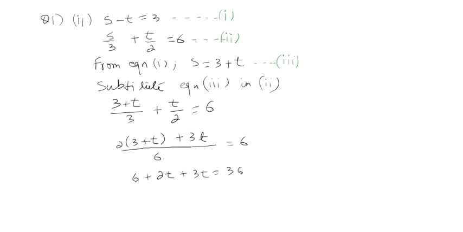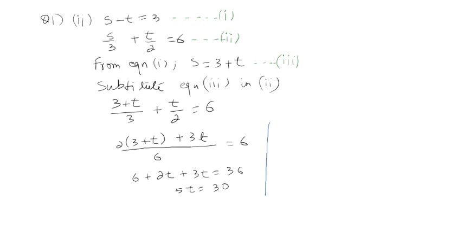Now you can see this becomes 5t. 5t is equal to 30. How does 30 come? Because this 6 can be transferred to the other side. So 36 minus 6 is 30. So here we can find the value of t. So I will not take the next page, I will put it here.